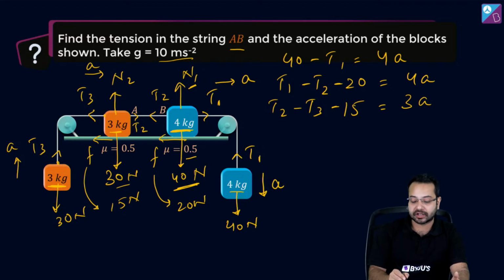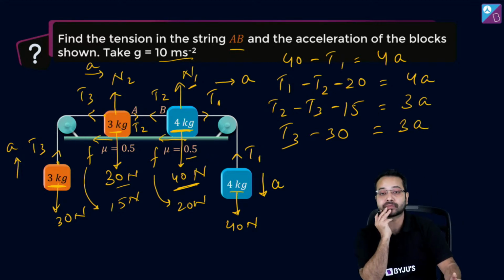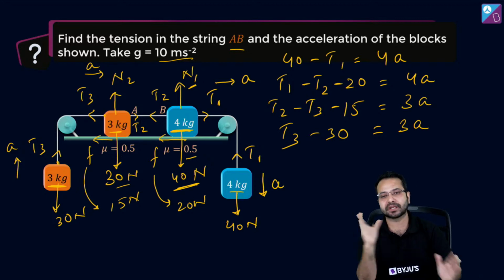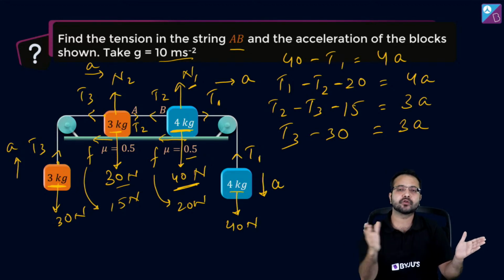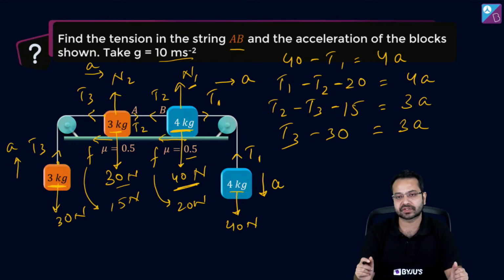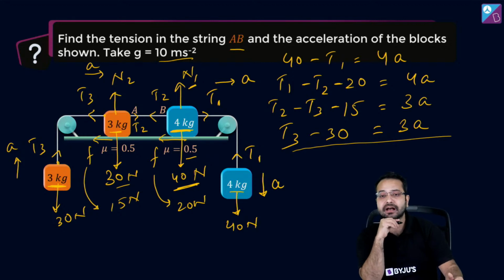It is going to be T3 minus 30 Newton is equal to 3 times acceleration. Are you comfortable with these equations? Because this is very basic. If you have studied Newton's laws of motion, then you should be in a position to write these basic equations.